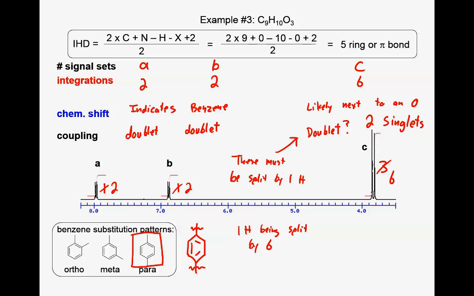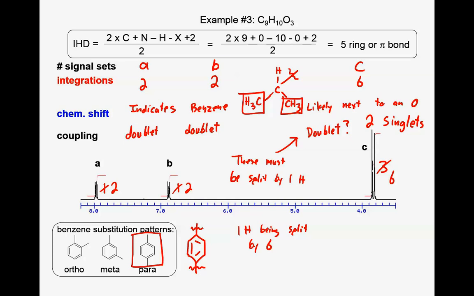Yeah, Gabby? Can you explain why the doublet doesn't work? So if we got a doublet, let's think about what this structure could look like. If we've got 6 being split by a doublet, that would indicate something that looks like this. We have to have some symmetry. This would be our 6 equivalent protons, split by this proton right here into a doublet.